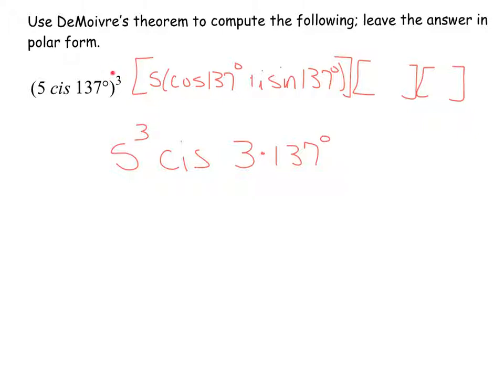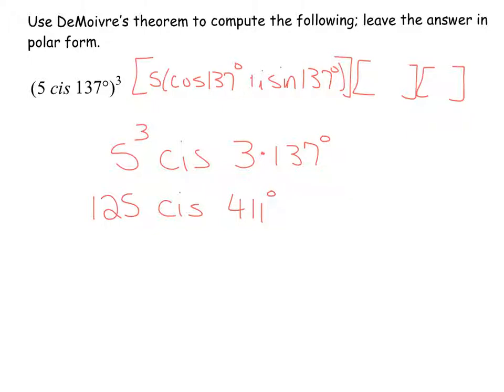Notice the exponent ends up with 5 to the third power and then 3 times the angle. That's where this 3 ends up. We raise the r to that power, we multiply the angle times that number. Okay, so now we're just going to do a little bit of work here. We're going to get 125 CIS, and 3 times 137 is 411 degrees.